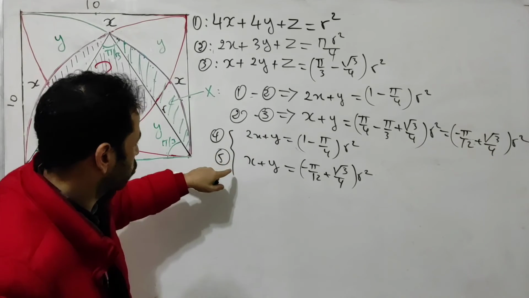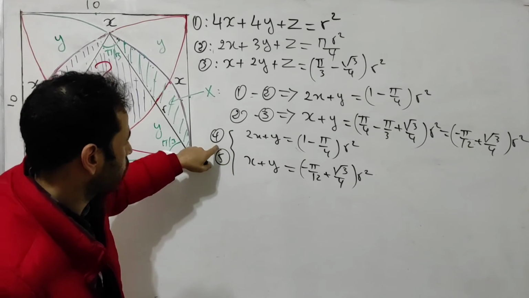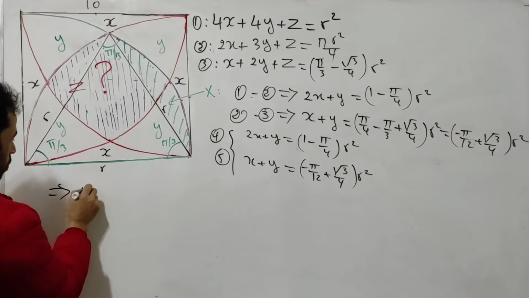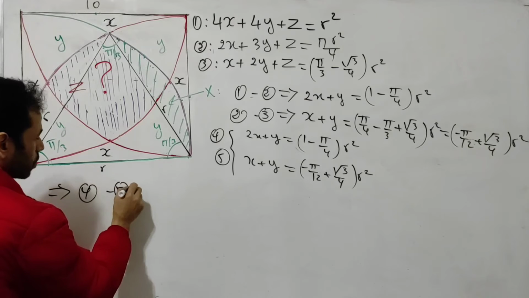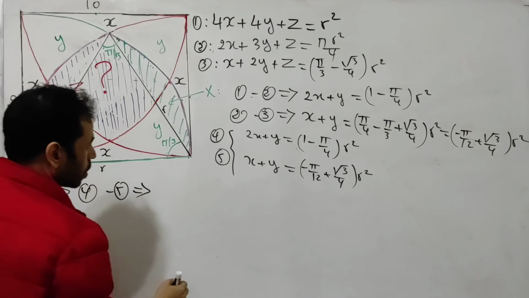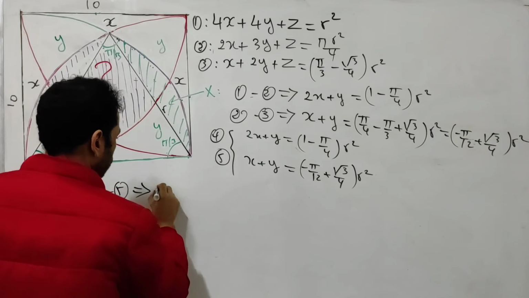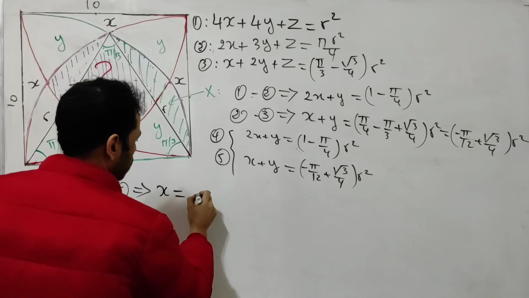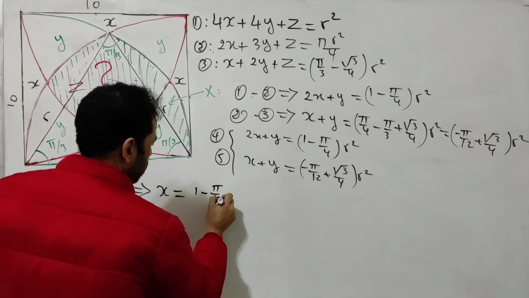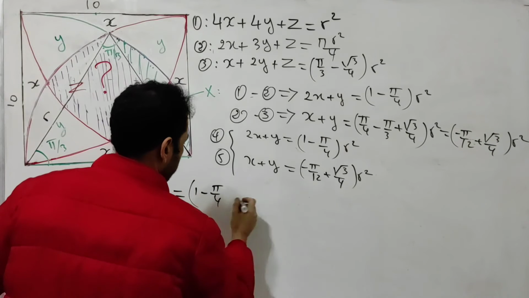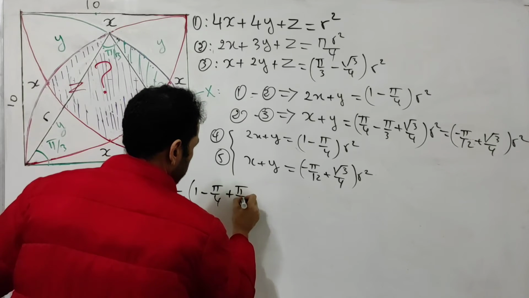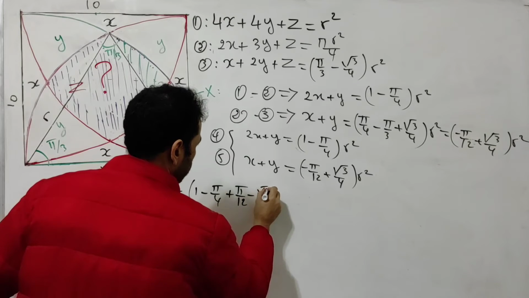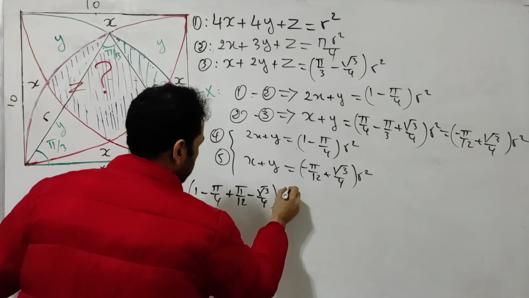So now I'm going to subtract equation number 5 from 4. This implies 4 minus 5. I will get 2x minus x, which is x. Y will be eliminated. I will get 1 minus pi over 4 minus this stuff here, which is pi over 12 plus pi over 12 minus square root of 3 over 4 is multiplied by r squared.